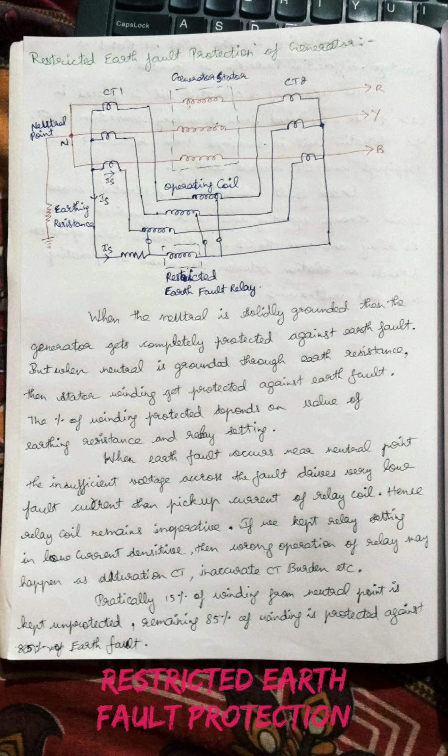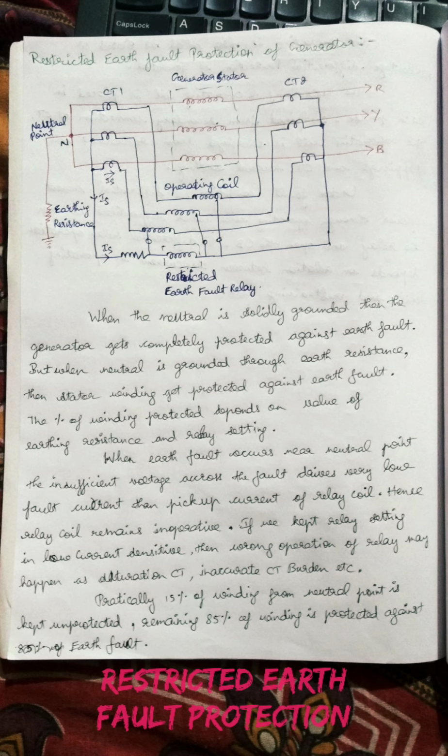Both the CTs are connected with the operating coil, and in series with the relay there is a resistor connected. The resistor restricts the overcurrent entering the relay, so the relay can be protected. The resistor is responsible for allowing the current level which is under the set point of our tripping level.